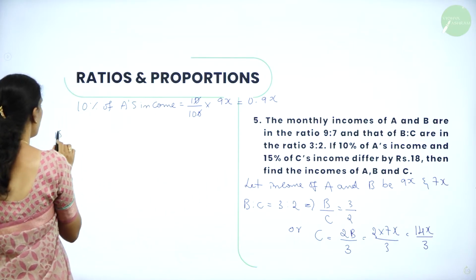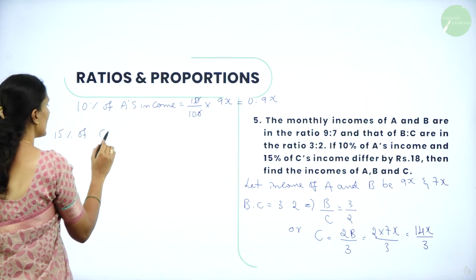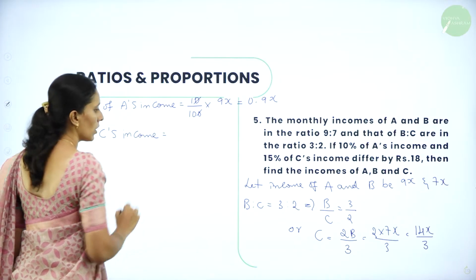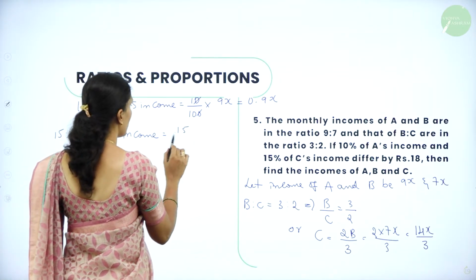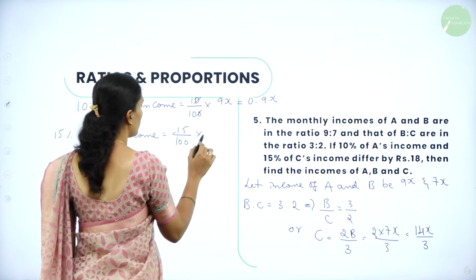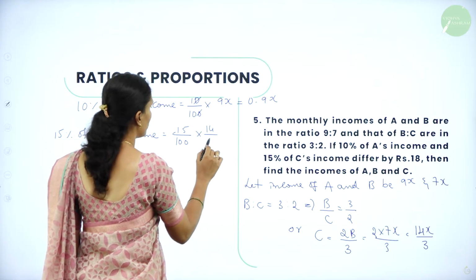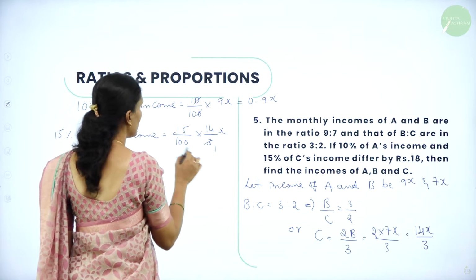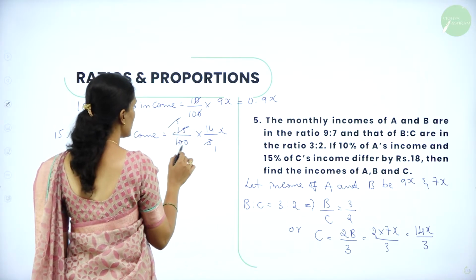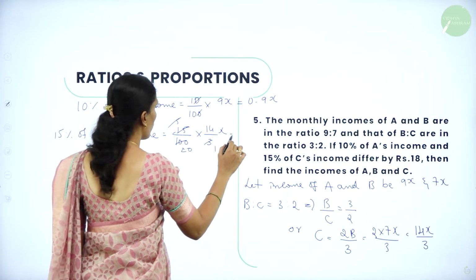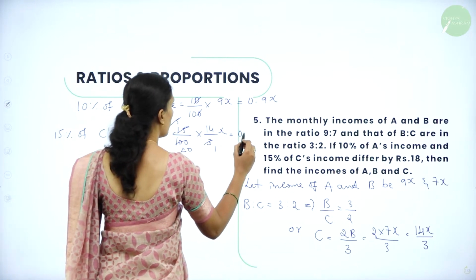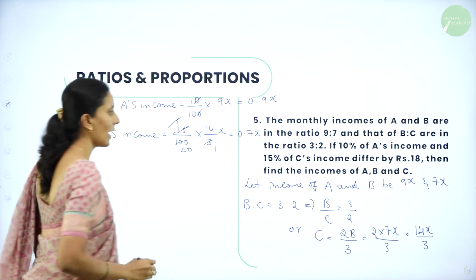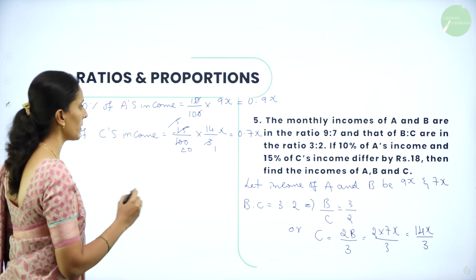Next, 15% of C's income. So what is C's income? We have 14x by 3, that is 15 by 100 into 14 by 3x. If you go on dividing, you will get the value as 0.7x. They have given that their difference is rupees 18.